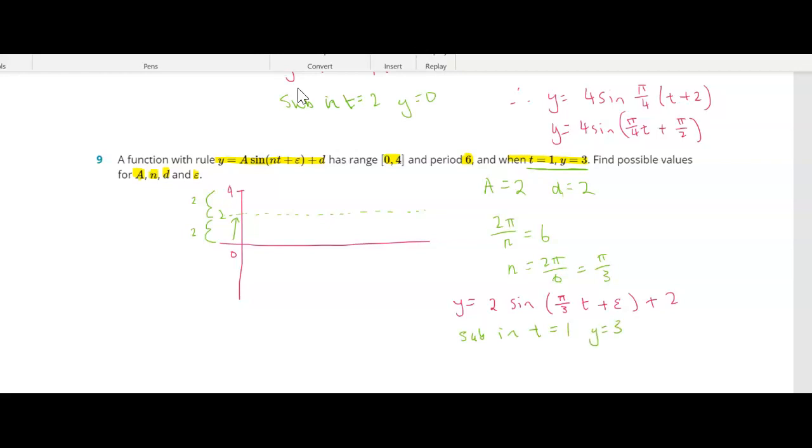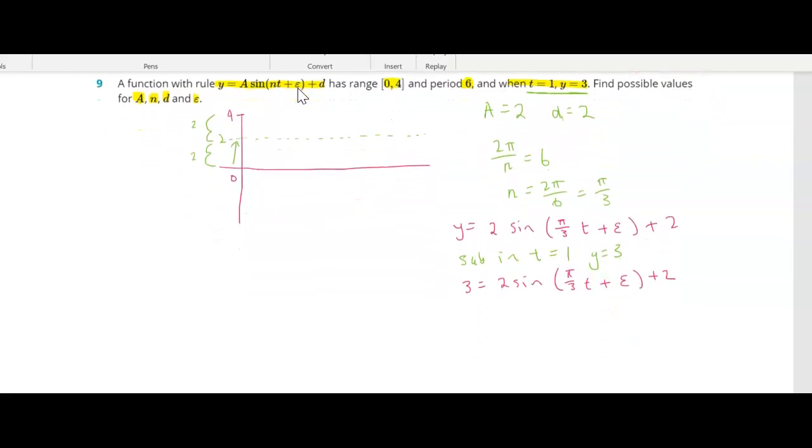So I'm going to have 3 equals 2 sine. Actually, we don't need to take the pi on 3 out. If we were graphing it, or if it told us that it had been translated, then we would need to take it out. But because we're just solving it, we don't need to, and we saw that in the previous example. Okay, so let's, oh, I just realized I didn't put the value of t in, so t is 1.